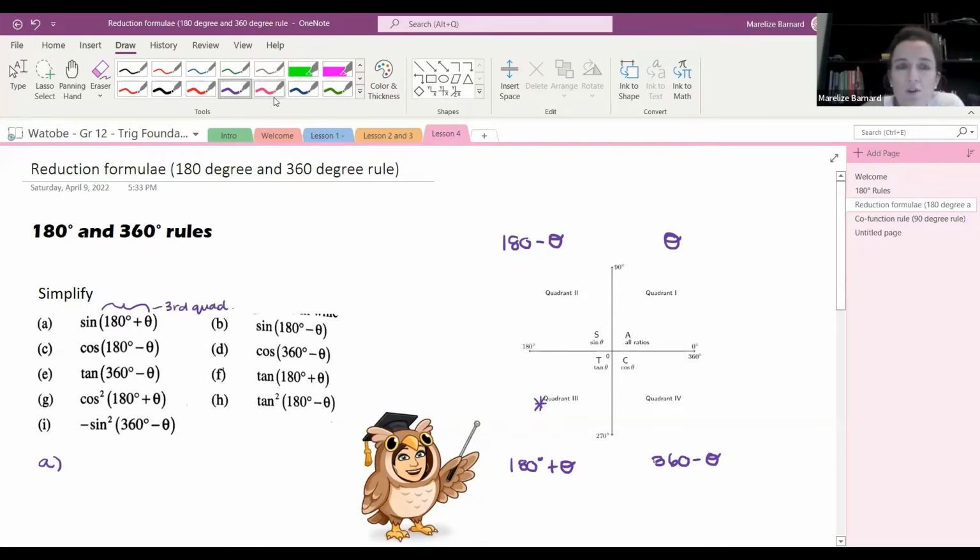And if we look at our CAST diagram, sine in the third quadrant is negative. So we are going to simplify that to negative sine theta.